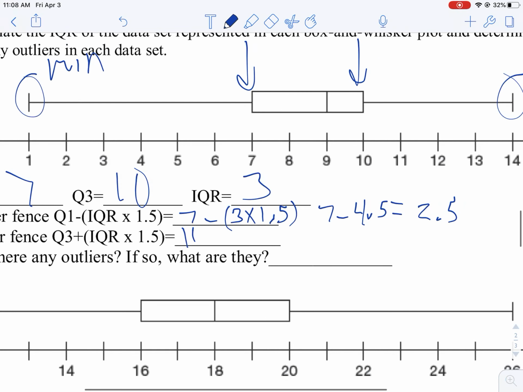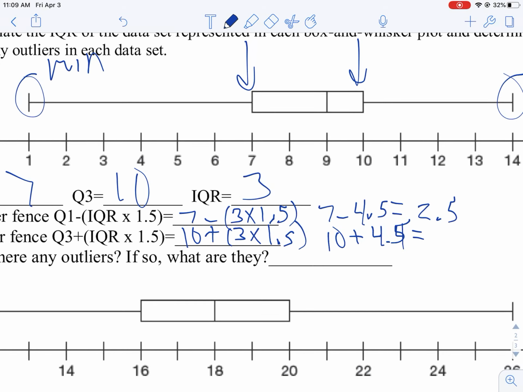Here I have 10 plus 3 times 1.5. So that's 10 plus 4.5, which is 14.5. And like I said, this one's kind of an interesting thing, we actually do cut off one of these numbers.